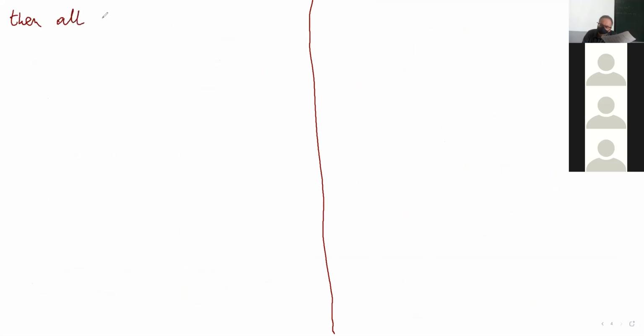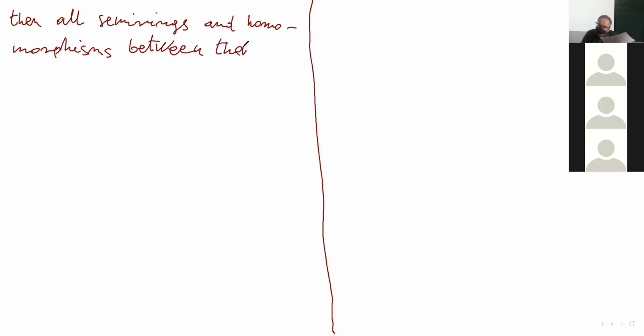Then all semirings and homomorphisms between them are unital, and the diagram, then all semirings and homomorphisms between them, I should say in the above diagram, sorry.